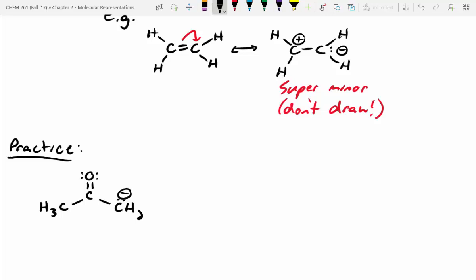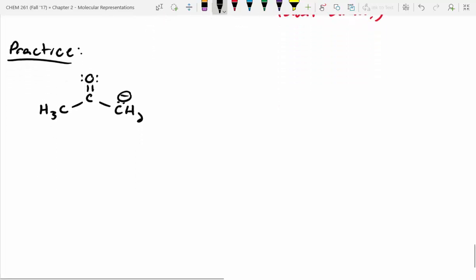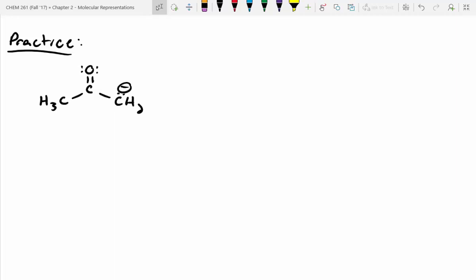So draw as many as you can. I'll give you a hint, there's 2 more. Check with your neighbor, see if you agree, and then assign them from most important to least important structure. So I'll give you guys a minute to work on that. That's a CH2 on the right, and the carbon has a lone pair and a formal negative charge.